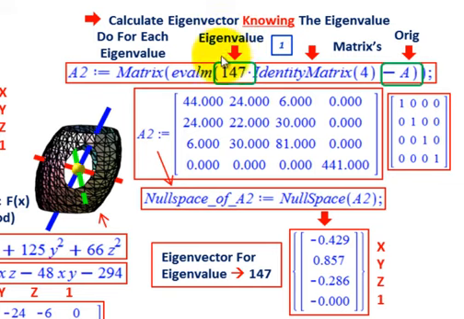So you plug in an eigenvalue. Now remember, we actually had 3 of them in this equation. You'd have to plug each one of those in, however you do it with your computer software. The first one was 147, and then we got a 98 and a 49, so we'd have to do that for each of those.